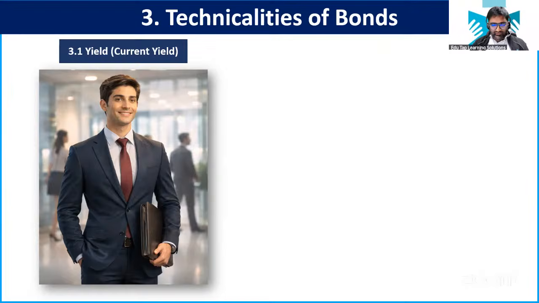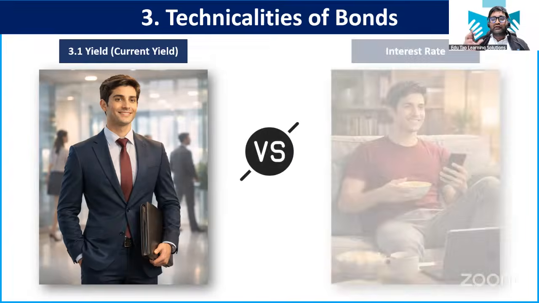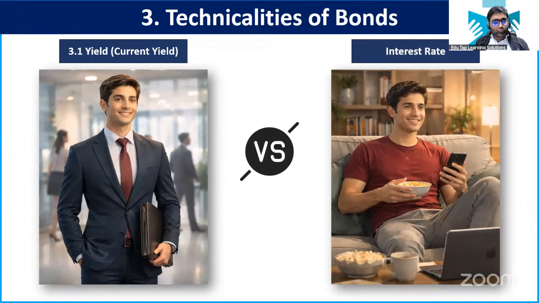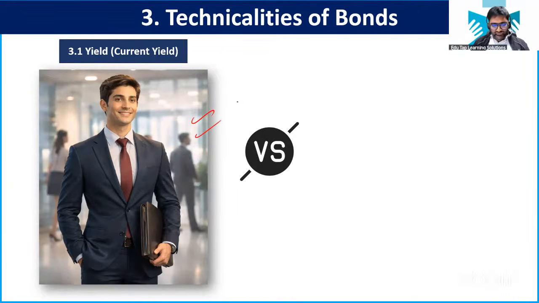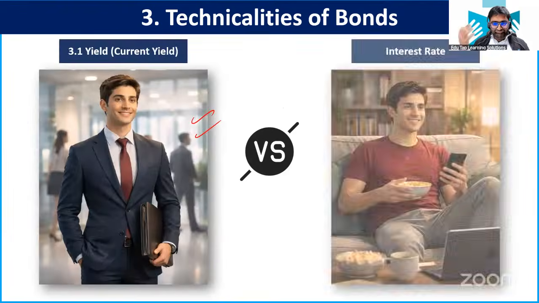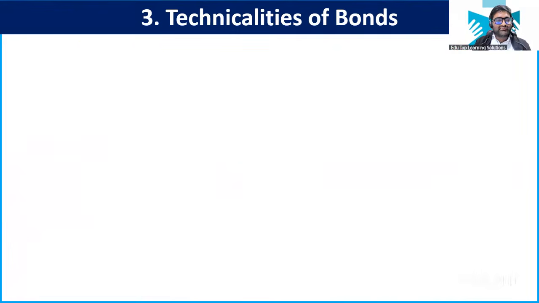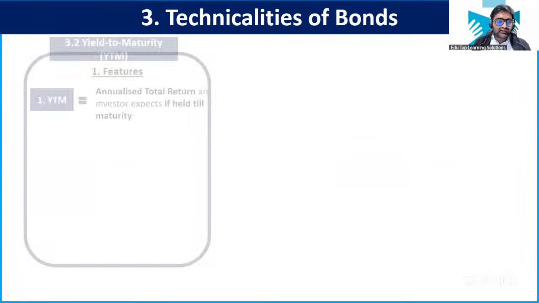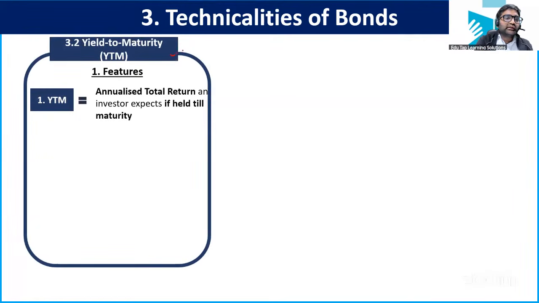You can compare current yield to such a person, while a person who is just at home, not doing much, you can compare these two people in that manner. So current yield has a whole lot of linkage with the market. Variations in the current market price actually affect the yield, while interest does not get affected by that. Just a silly comparison.